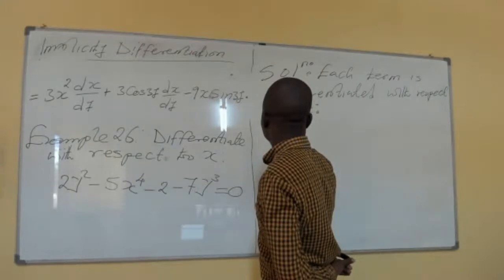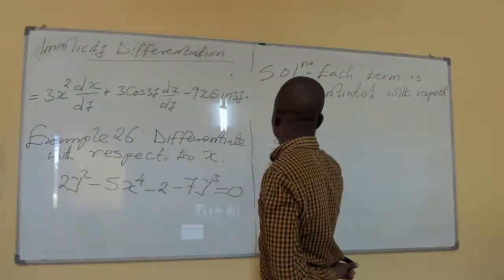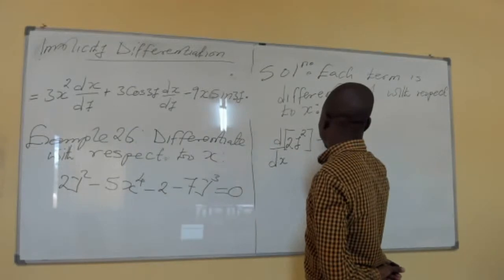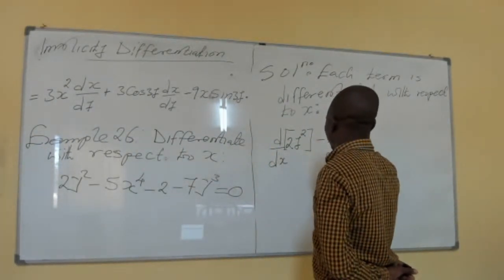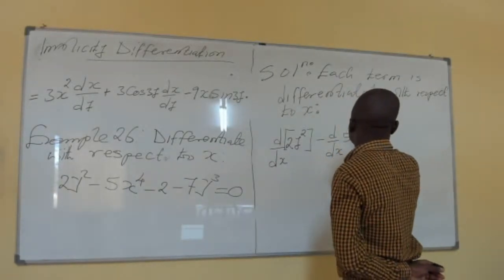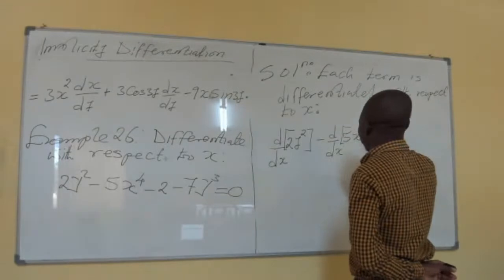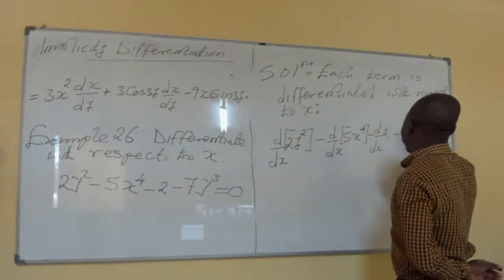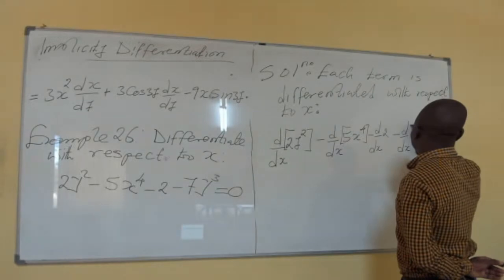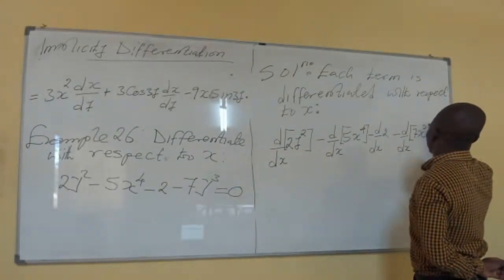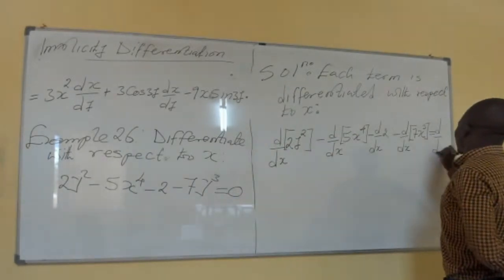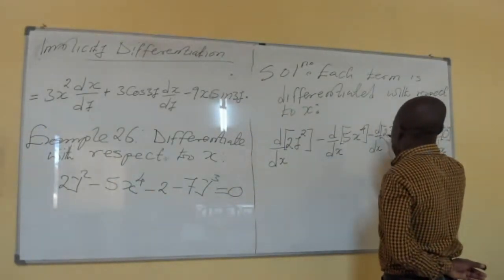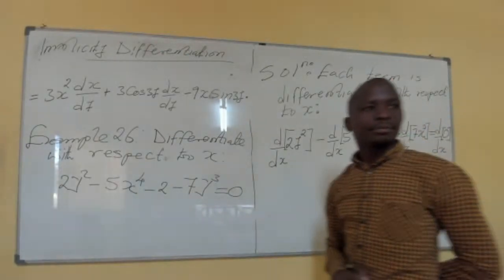So we are going to have the derivative with respect to x of 2y power 2, then minus the derivative with respect to x of 5x power 4, then minus the derivative with respect to x of 2, then minus the derivative with respect to x of 7y cubed, which is equal to the derivative with respect to x of 0.